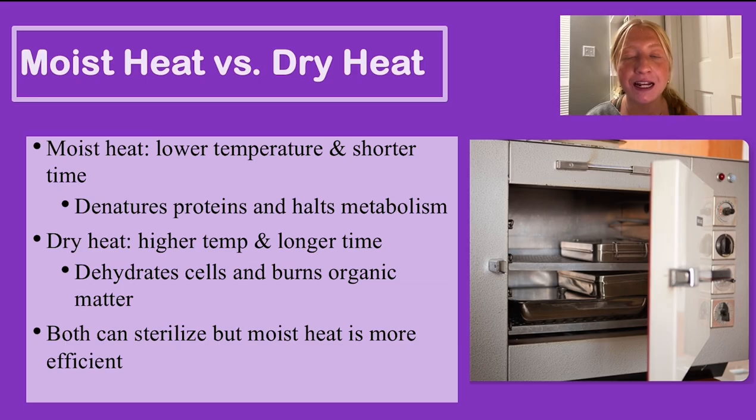Dry heat is way hotter, like 160 degrees Celsius up to over 1,000 degrees Celsius. This kills through dehydration and oxidation. You would think that dry heat would be more efficient because it can get way hotter, but actually it's less efficient. Flaming loops or incinerating waste are examples, so both methods can sterilize if properly used.